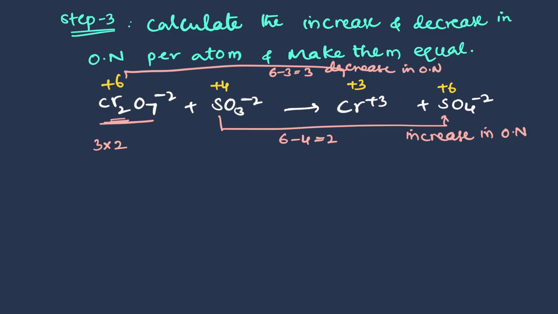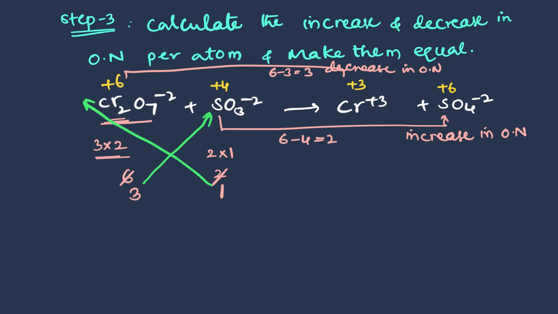Chromium changed, oxygen did not, so we take only chromium. For sulfur, the change is 2 and the number of sulfur atoms is 1. So 2 into 1 is 2, and 3 into 2 is 6. We need the smallest integer numbers, so these are cross multiplied: 3 into 2 is 6, and 2 into 3 is also 6. Now the increase and decrease in oxidation number are equal, 6 and 6.